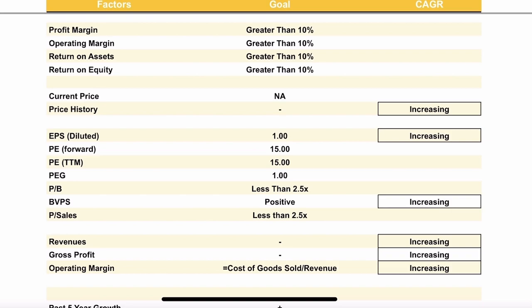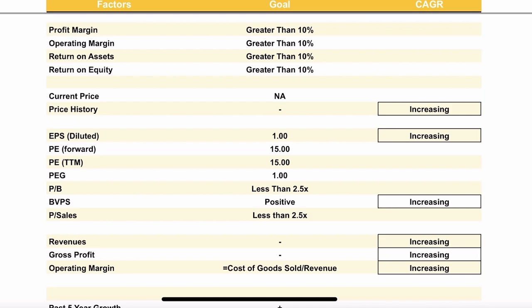So before I jump into some of these other numbers, if I don't have positive numbers here, I know I need to look a little deeper into some of these other numbers to see why they're not running at a super profitable level. Of course, I don't always have multiple years of data here because I'm going to do that later on when I actually look at those margins over time.